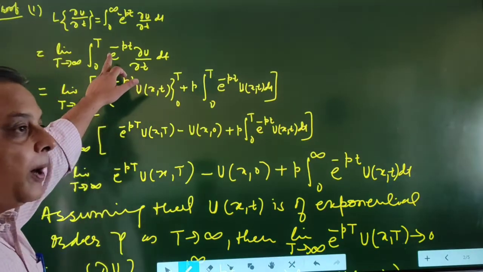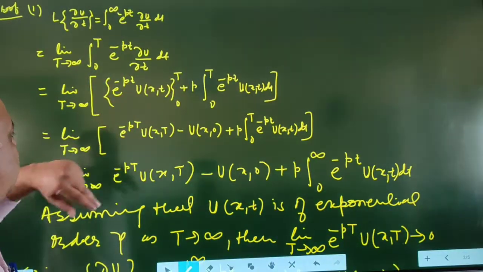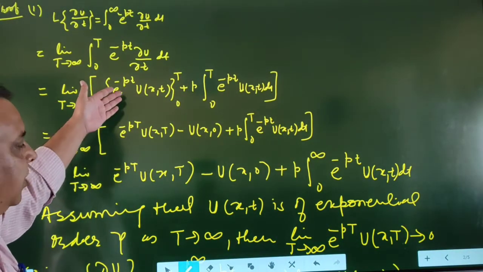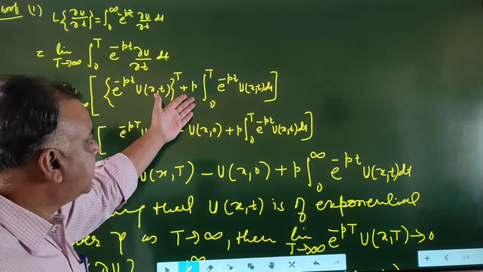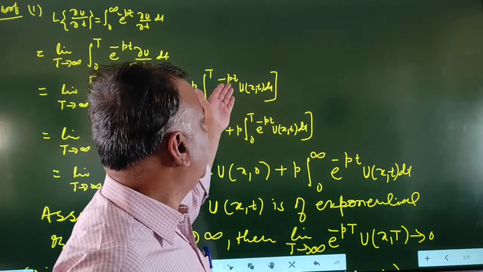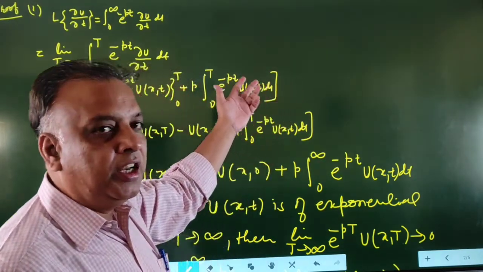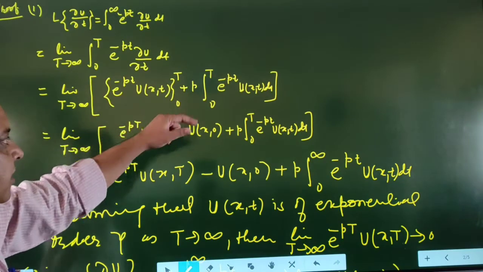this integral by parts, we get limit T tends to infinity of e raised to minus pt u(x,t) from 0 to T, plus p times the integral from 0 to T of e raised to minus pt u(x,t) dt. Integrating by parts, we get this result.